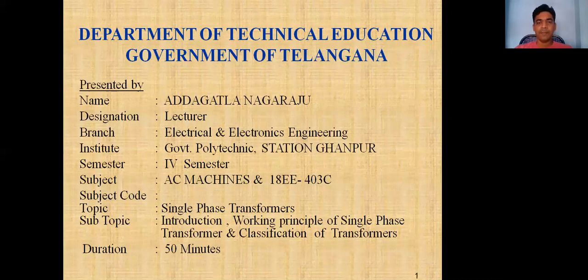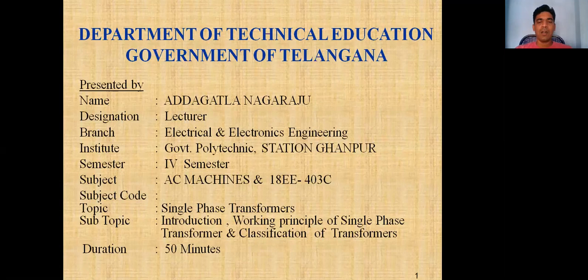So today we are going to start the AC Machines subject, DEEE fourth semester's AC Machines subject. In AC Machines, the single phase transformers chapter we will start today.